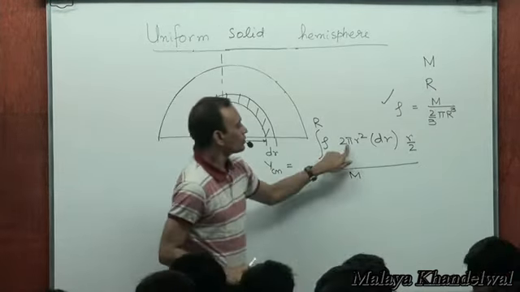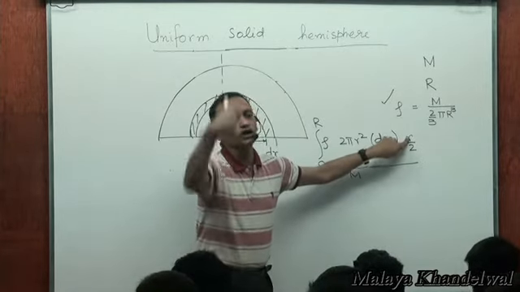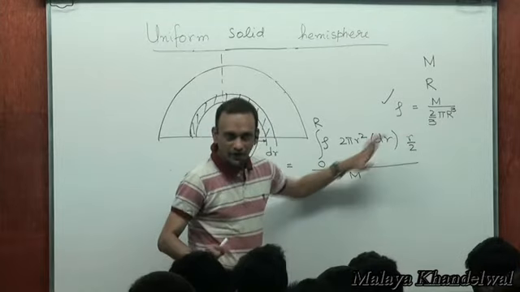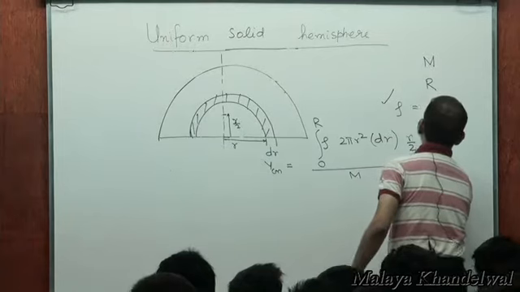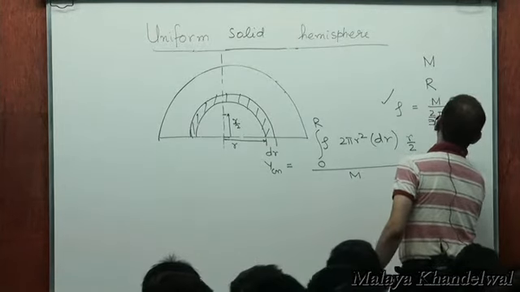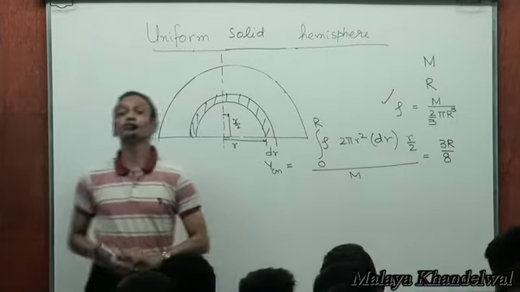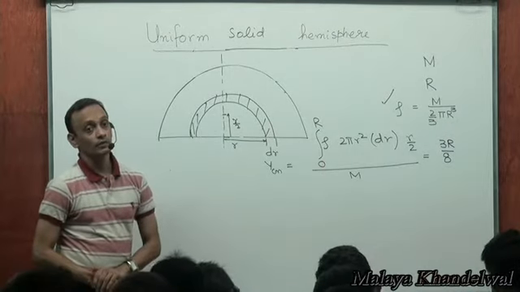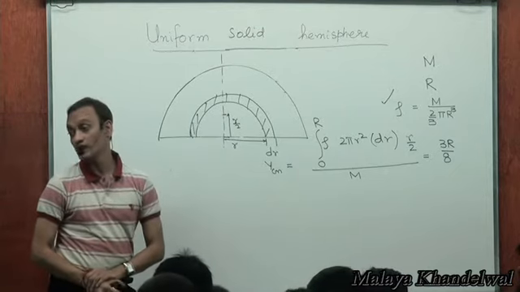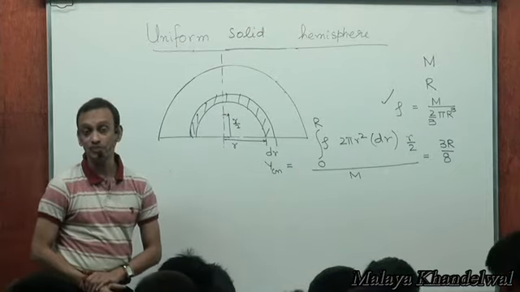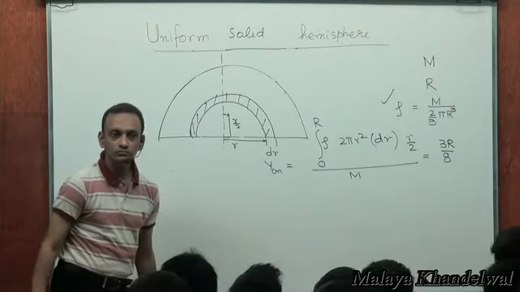Now rho 2 pi can come out. When you integrate r cube, you get r to power 4 by 4, right? Easy to integrate. And when you plug in all of this, let me just tell you the final result that you'll get is 3r by 8. An important result to remember for a uniform solid hemisphere. At y equal to 3r by 8 is where the center of mass is located. Clear? Sounds good?